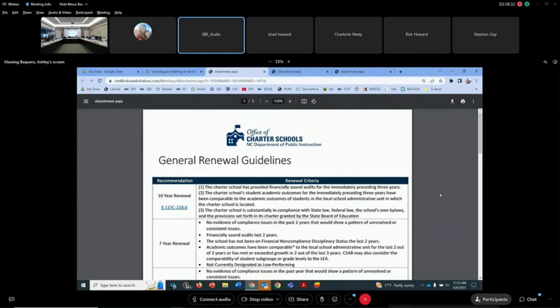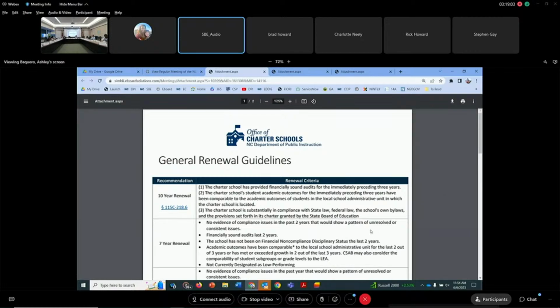And so a couple of things just to bring up to your memory from last time. You all asked that we add links and references to statute, to the 10-year and the non-renewal. So those have been added in there, and that's also linked to the statute if you have the PDF that will take you directly to those statutes. And then there was mention of adding in the consideration of subgroups and grade levels into the actual guidelines as opposed to an additional factor separately.